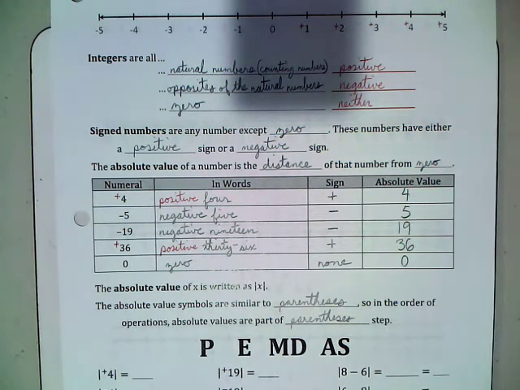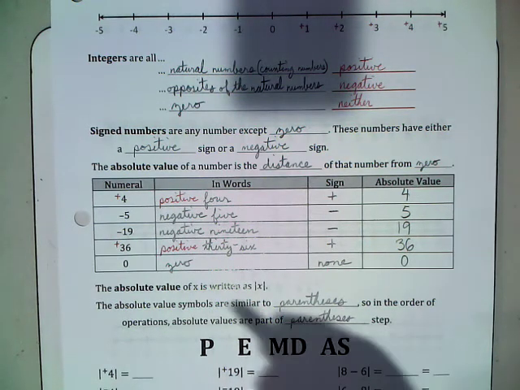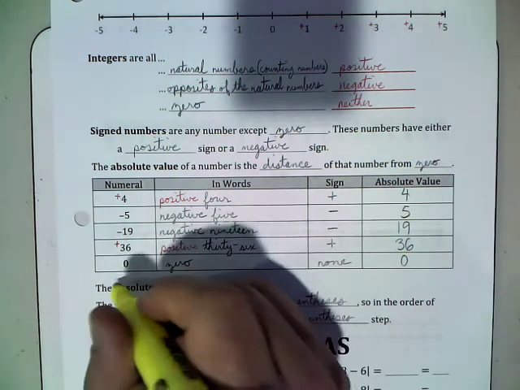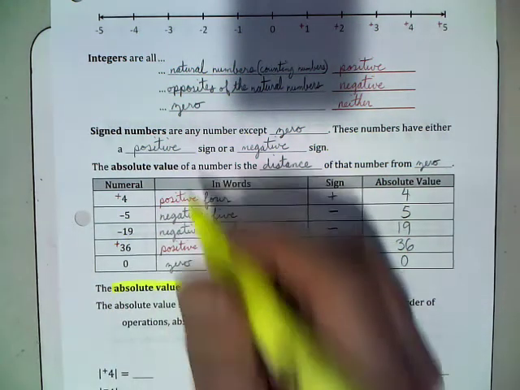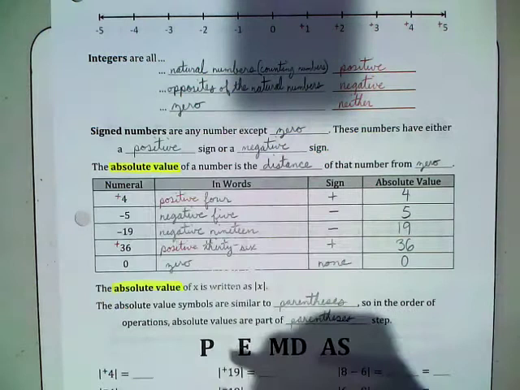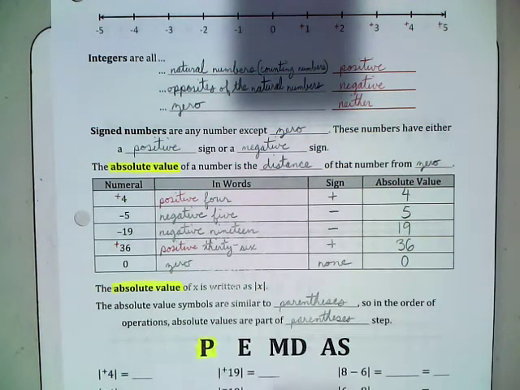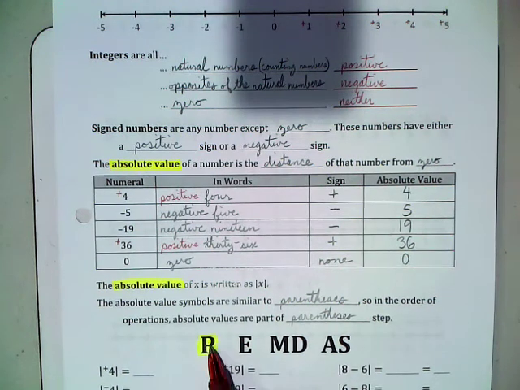So grab your highlighter here, absolute value, and highlight just that P there. So remember, PEMDAS is the nonsense word we use to help us remember our order of operations. So when it comes to the order of operations, this is where it's going to fall.